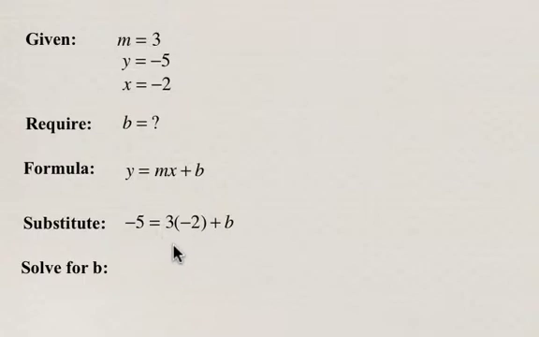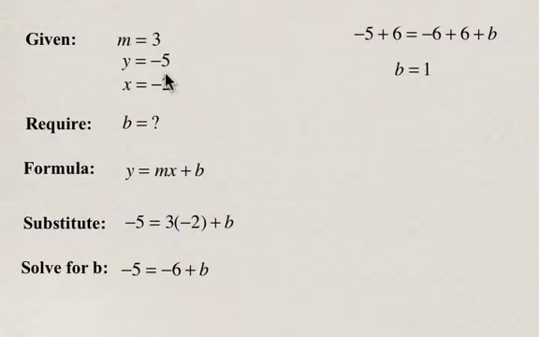Next we solve for b. We simplify where we can, and 3 times -2 is -6. Now to isolate b on one side of the equation, we have to add 6 to both sides. On this side, -6 plus 6 simplifies to 0 plus b, and on this side, -5 plus 6 simplifies to 1.